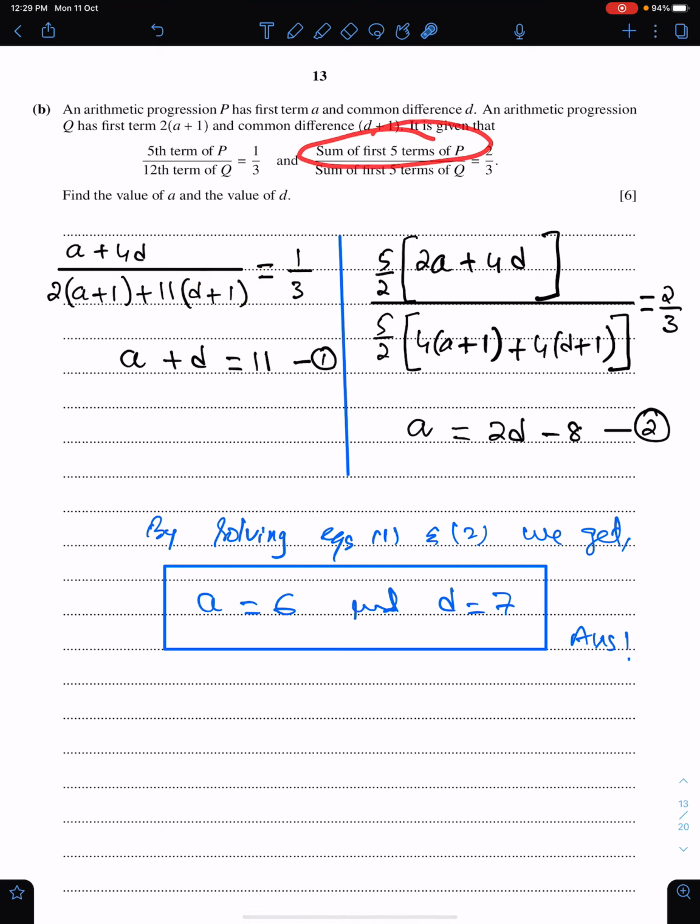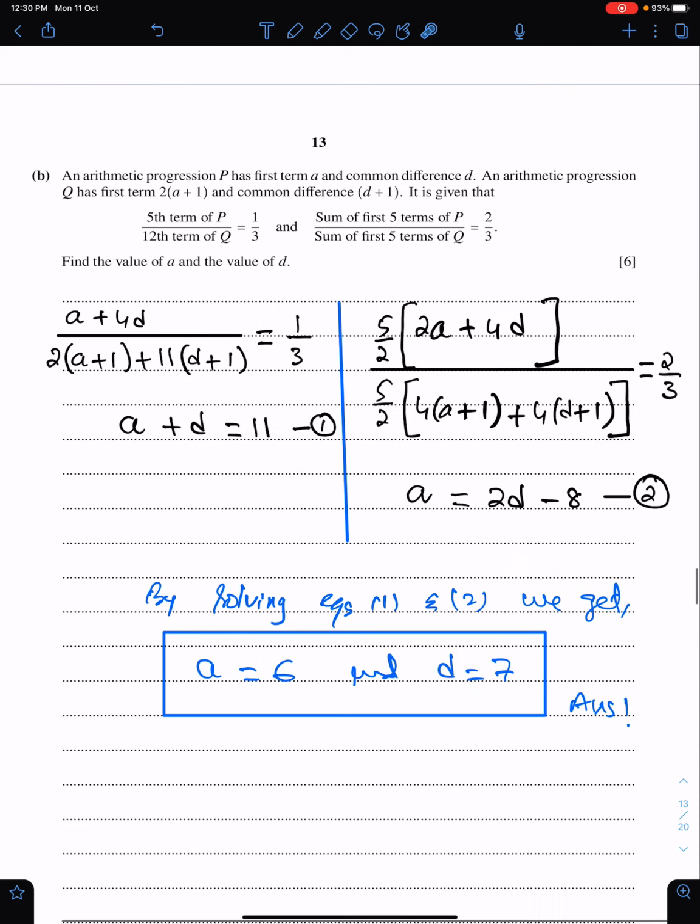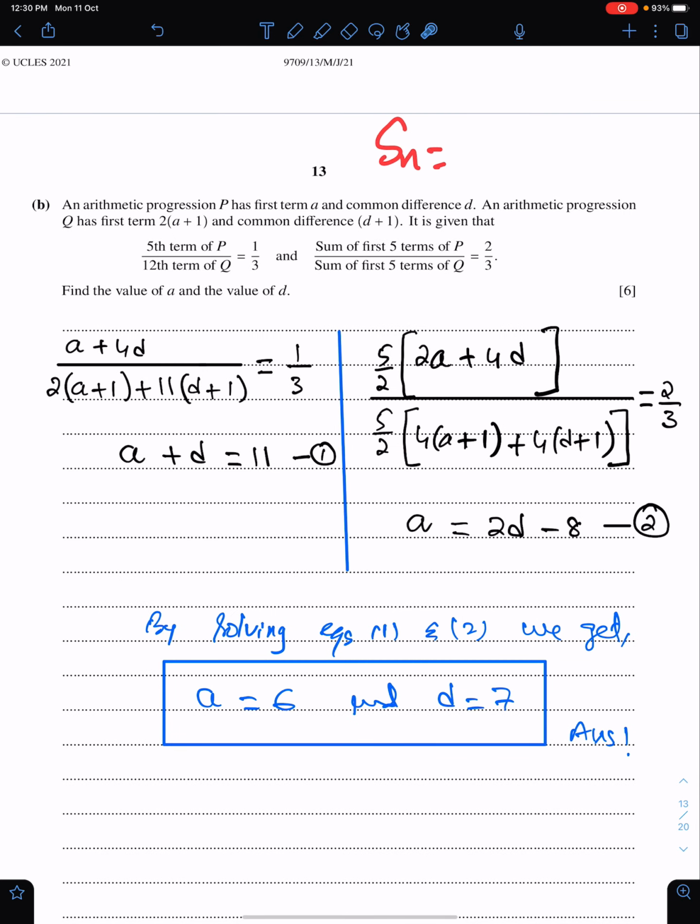Sum of first 5 terms of P, so 5 upon 2 according to the Sn formula, then 2A plus 4D. You must know the formula of Sn of AP. Here you must find the sum carefully. 5 upon 2 is n upon 2. And according to the sum formula, we write 2A.